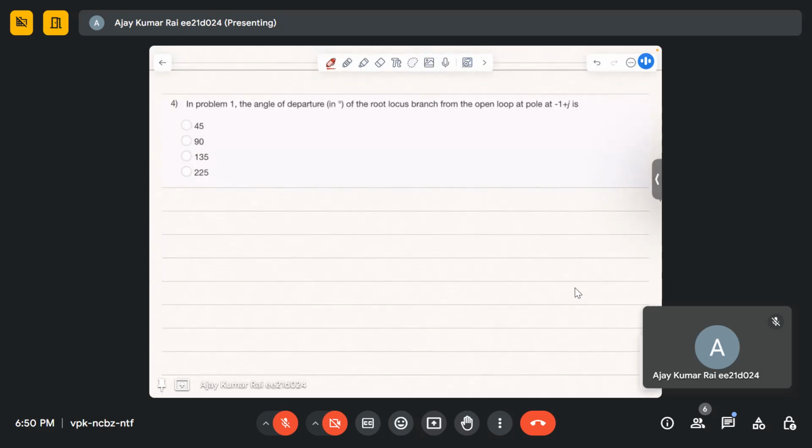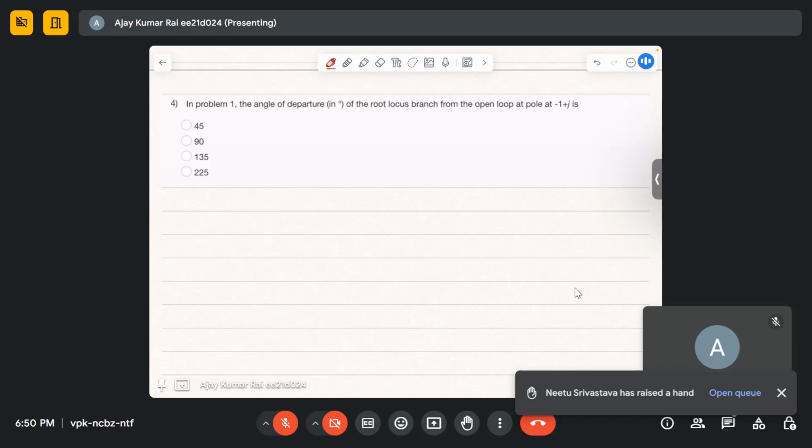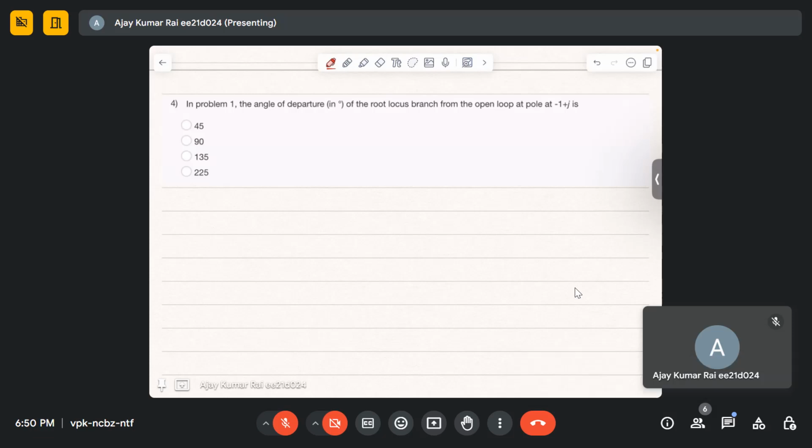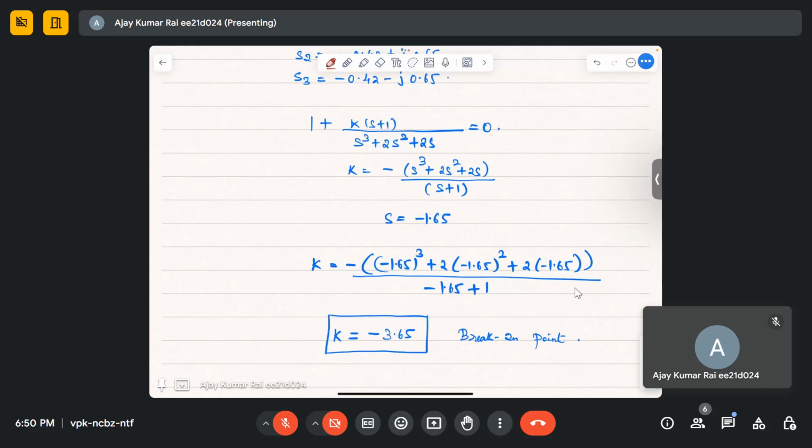Okay, going to the next question. In problem 1, the angle of departure of the root locus. Since we are having open loop poles, that's why we are concerned about it. Any question? Yes, sir. Sir, if K is positive, then it will be a breakaway point. K is already given to us, right?